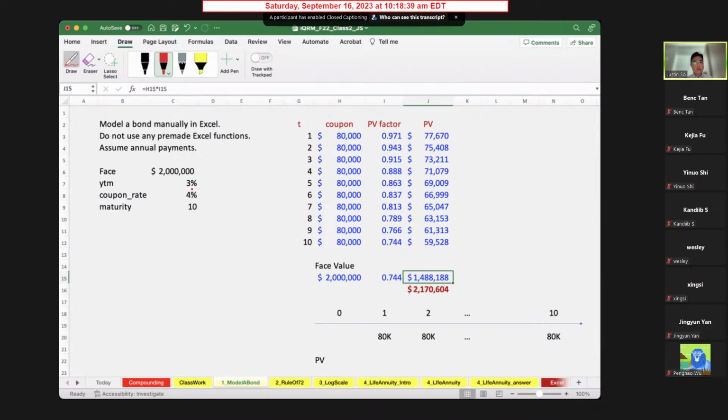It's nominal, so you can think of it as a nominal rate. Maturity is 10 years. So we created this payment schedule. The T column, time, is 1 to 10, every year, first year to 10th year. Coupon amount.